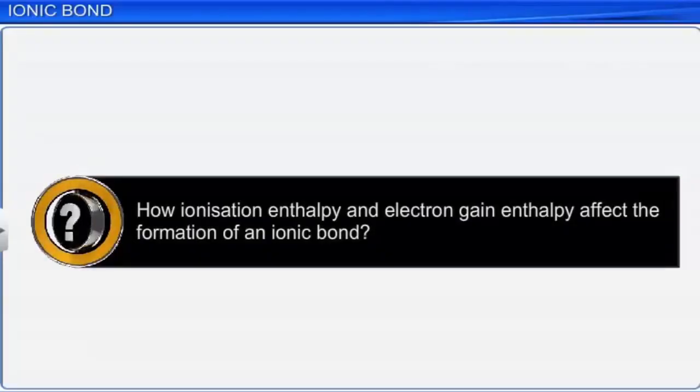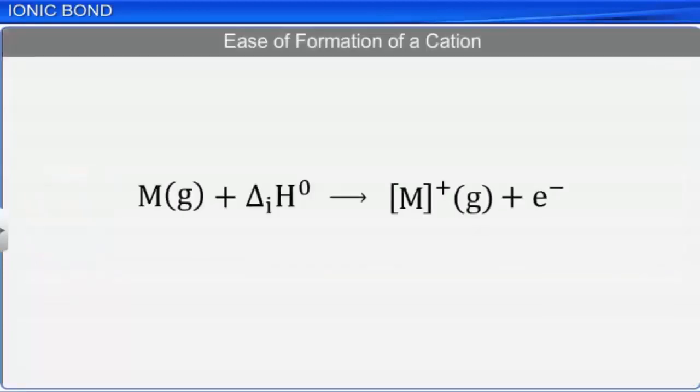Now let us understand how ionization enthalpy and electron gain enthalpy affect the formation of an ionic bond. The ease of formation of a cation depends on the magnitude of the ionization enthalpy.